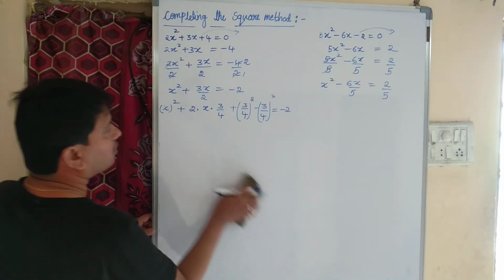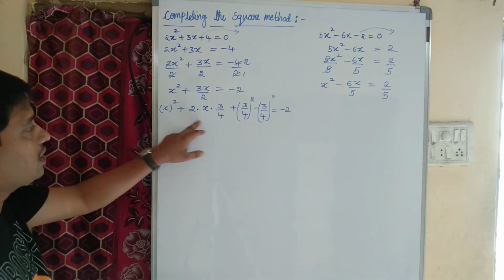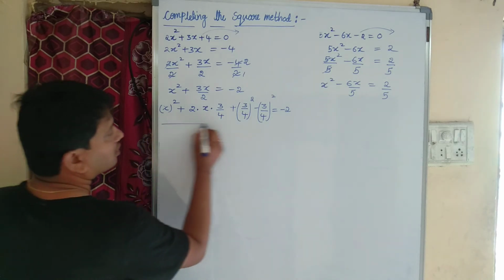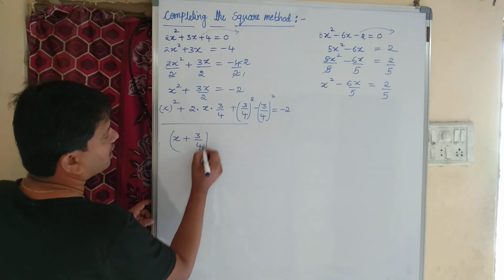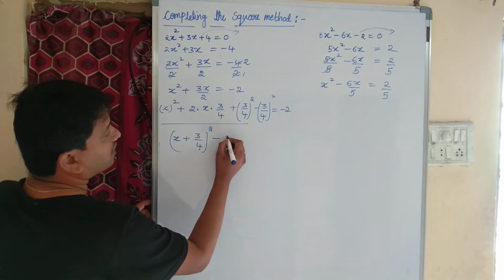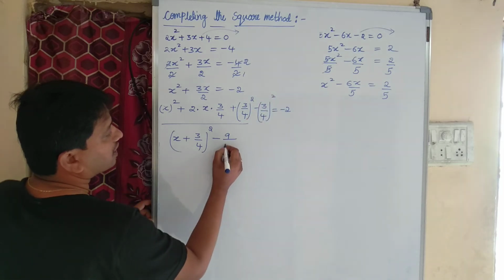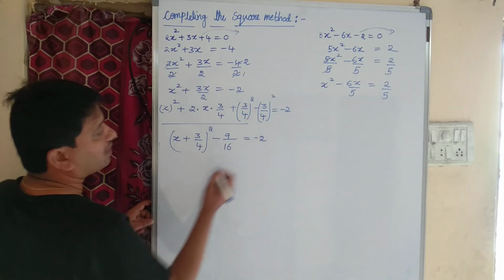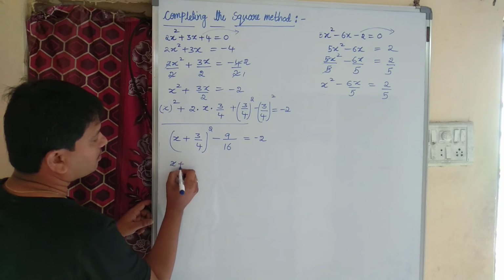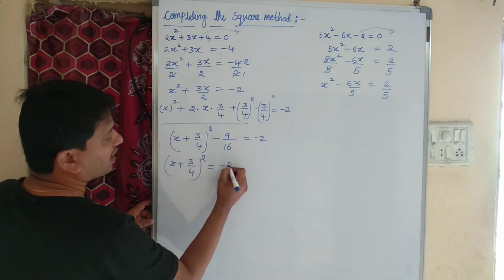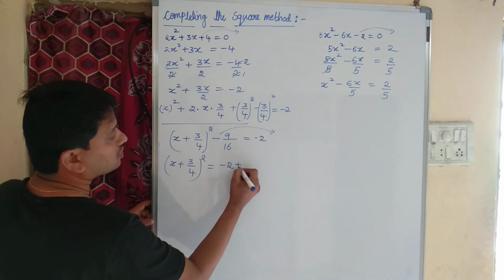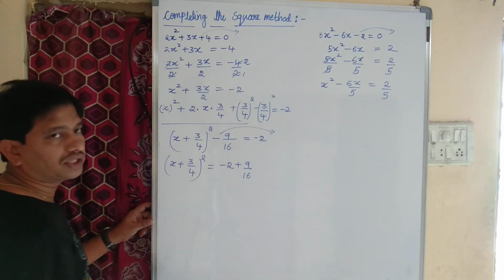Now it is in the form of a square plus 2ab plus b square, nothing but (a plus b) whole square, minus 3 square is 9, 4 square is 16, equal to minus 2. So (x plus 3 by 4) whole square equal to minus 2, minus 9 you transpose, plus 9 by 16.